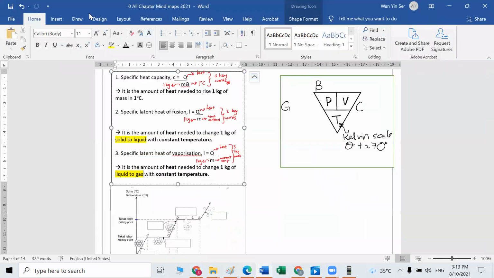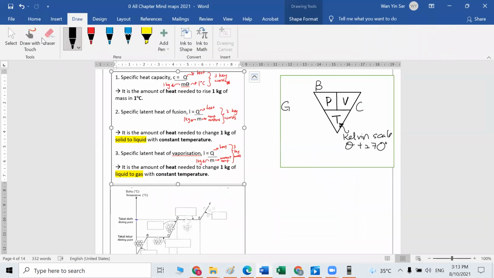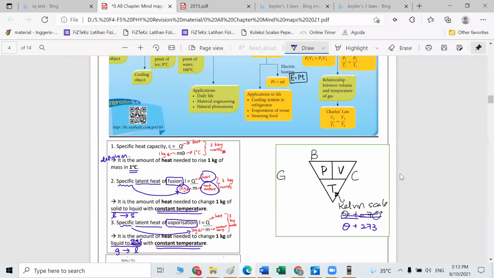The Kelvin again. Theta plus 273. Thank you, Kai-en.